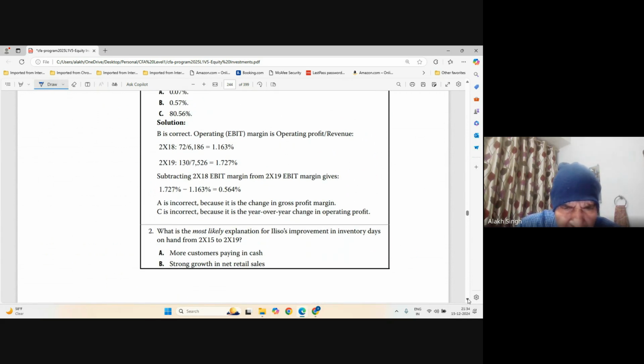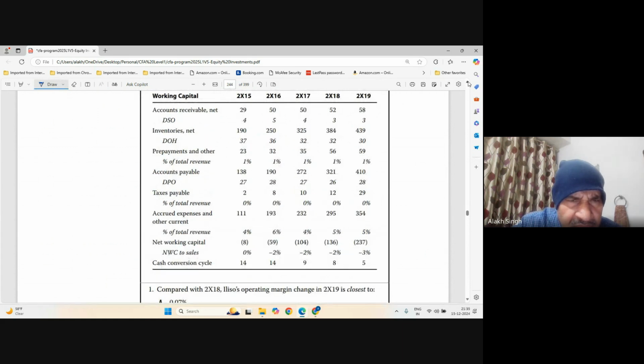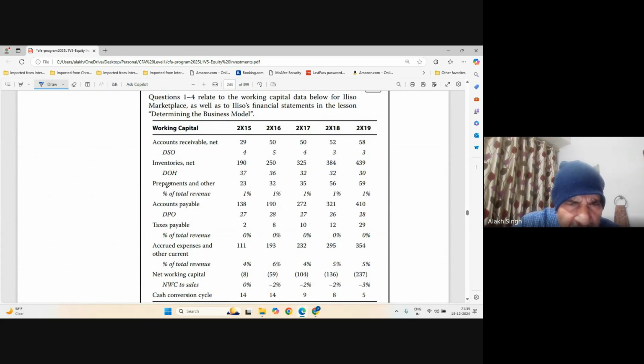Question number 2. What is the most likely explanation for Elisho's improvement in inventory days? Okay, this one is interesting. Days inventory means DOH, and it is improving, from 37 to 30.